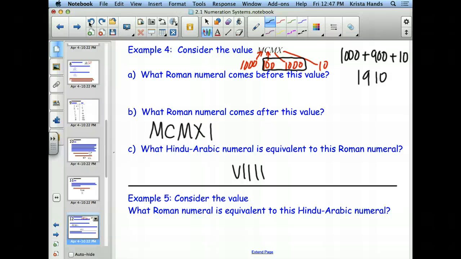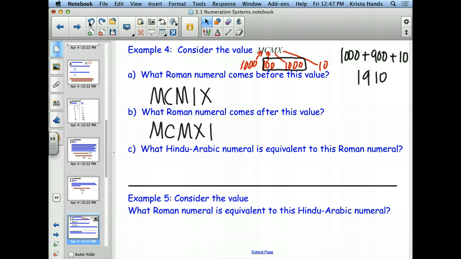So if we are trying to avoid the 4 symbols, that's when we would use the subtracting feature. So instead of writing a 9 as a V and 4 I's, I would write it as an I and an X. So the first part stays the same, MCM, and then I'll write IX for the number 9 instead of having the number 10 there. And then we already did part C, didn't we? Wow, we're ahead of the game. 1910, this is worth 1910.